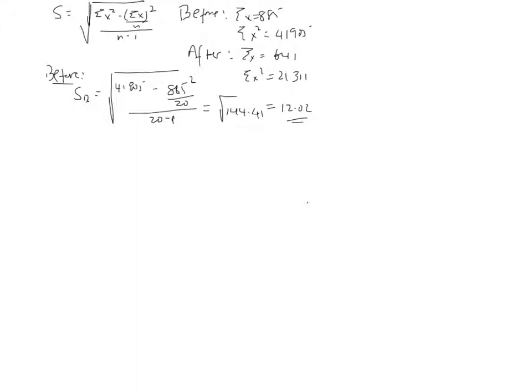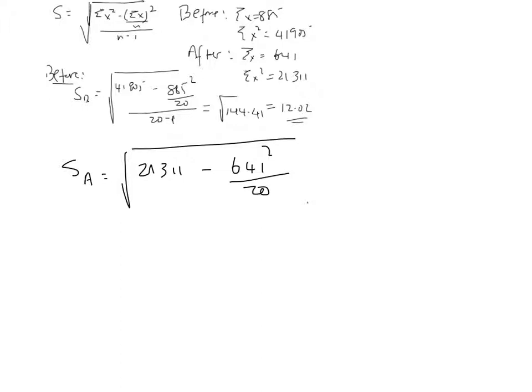Now we're going to continue with S after. The sum of the x squareds, if you recall, was 21,311 minus the sum of the x's, which is 641 squared over 20, and the whole thing is divided by 20 minus 1, which gives us, after we do that computation, the square root of 40.37, which is equal to 6.35.